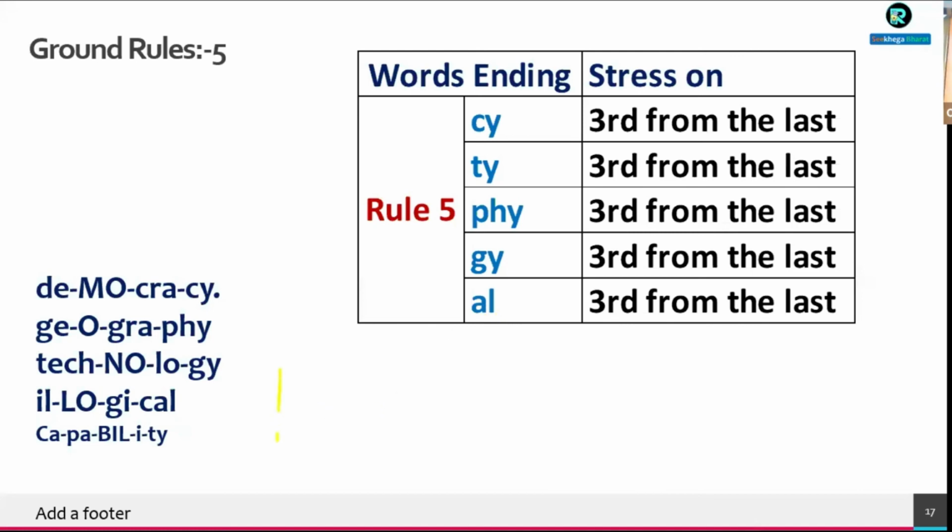Now, for example, there is a word called psychology. How do you read it? Where to stress? Psychology. Yes, co. Psychology, correct.